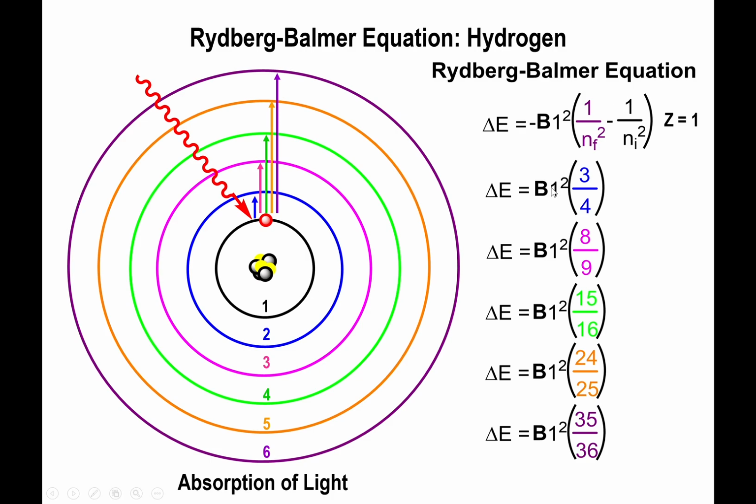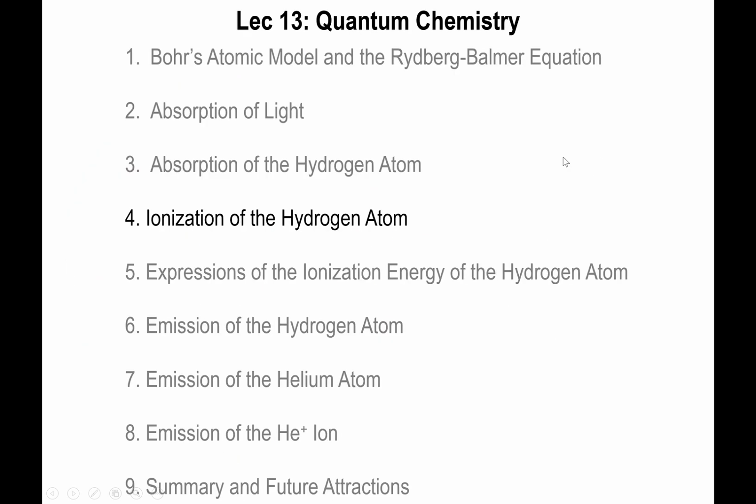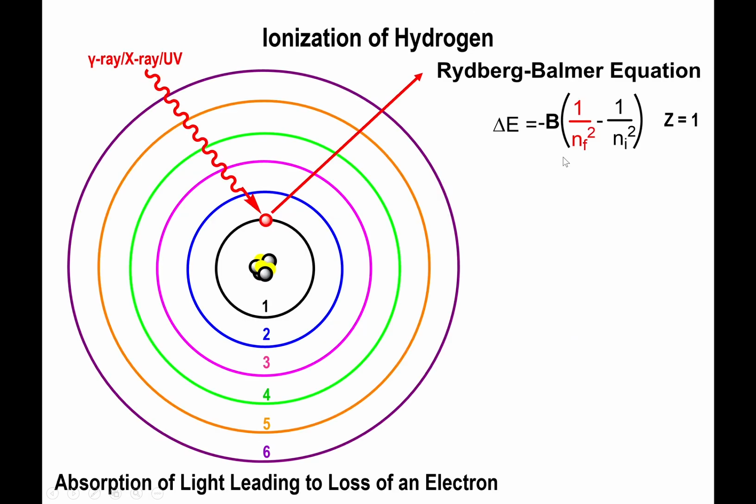And we can actually bring the value of B inside. And now we have 3/4 times B, 8/9 times B, 15/16 times B, and so on and so forth. Actually multiplying all these values and keeping track of the fact that B itself is 2.18 times 10 to the negative 18 can provide us with some actual energy values.